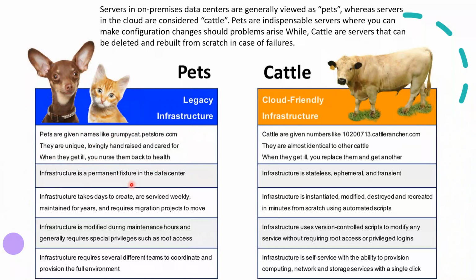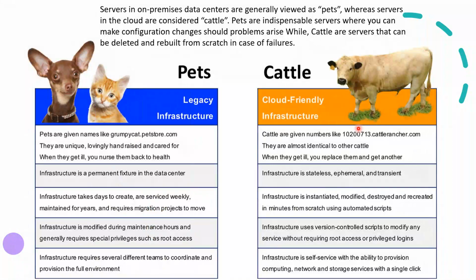Similarly, in the legacy infrastructure, the physical hardware in your on-premises data center is considered as pets in this DevOps analogy. So you maintain them, you run them for 8 years, 10 years, and then you have to upgrade in place, or you do vertical scaling in the legacy infrastructure.